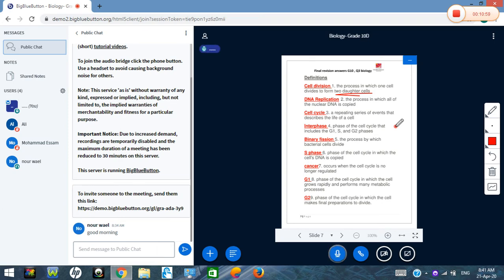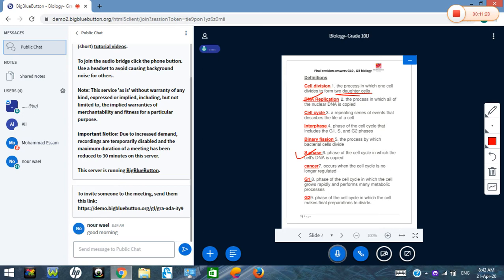The next one, phase of the cell cycle in which the cell's DNA is copied. You must differentiate between number 2 and number 6. What's the difference between both of them? In number 2, the question asks about the process, but number 6 asks about the phase.